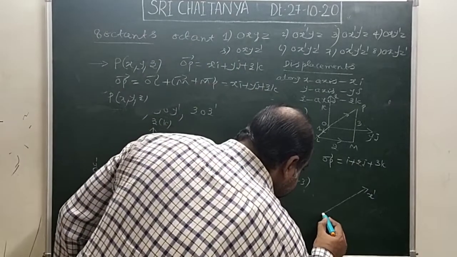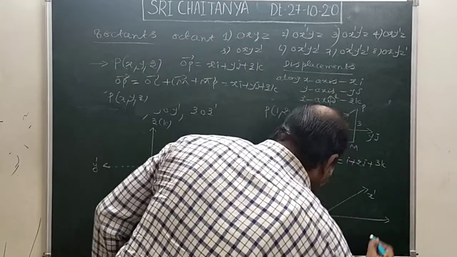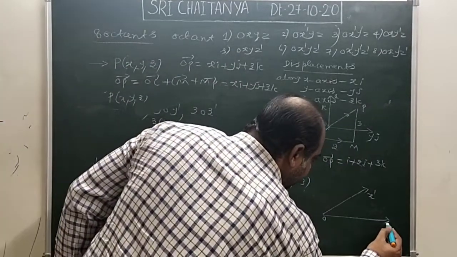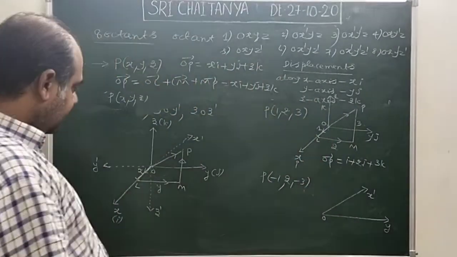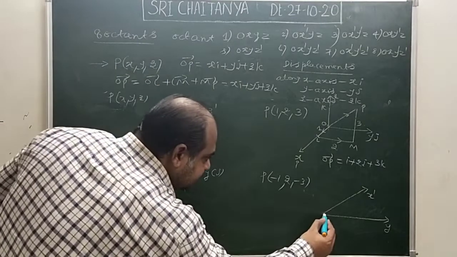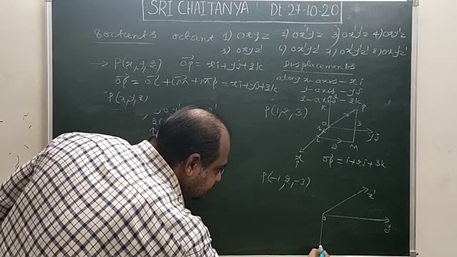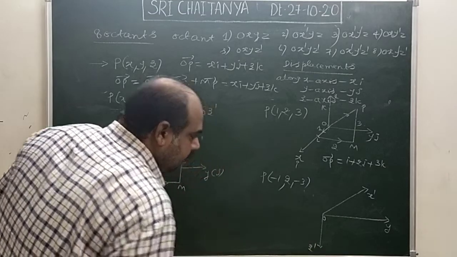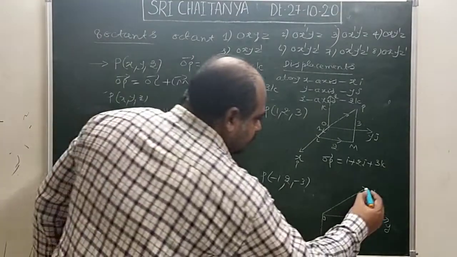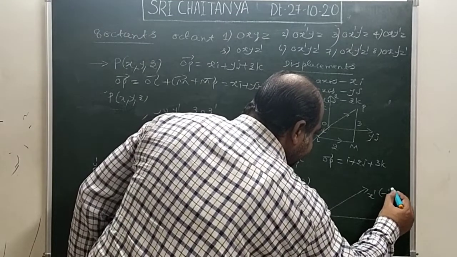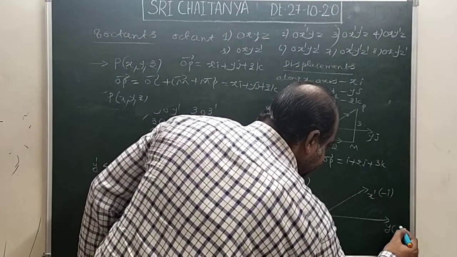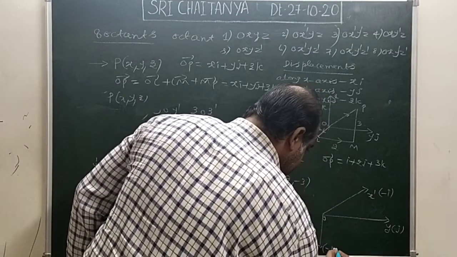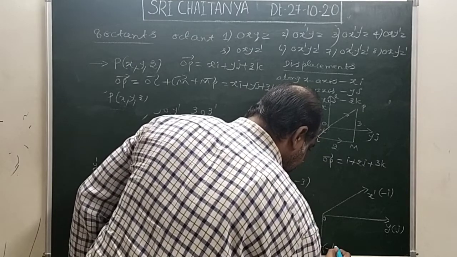Positive y-axis, this is OY. As in the diagram, directly write OY, and then the negative z-axis. Negative z-axis means this. This is the octant. So along this, minus i will be there as the unit vector. Along this, j will be there. Along this, minus k will be there.